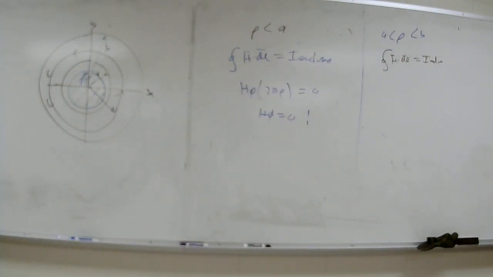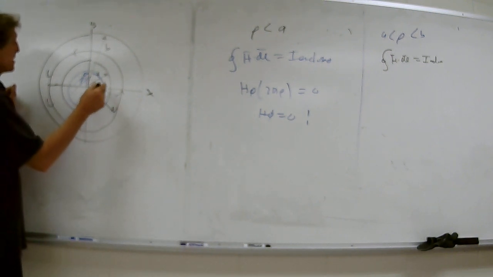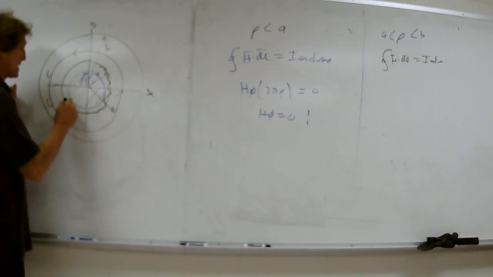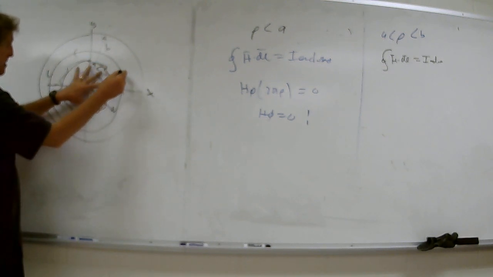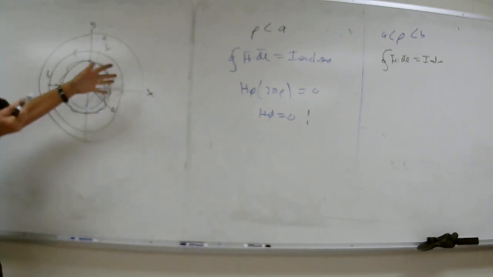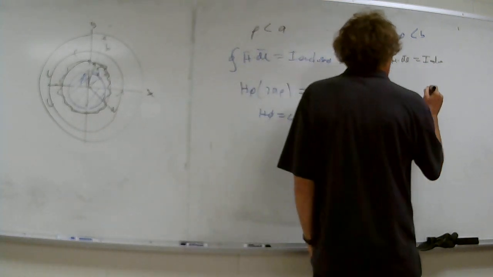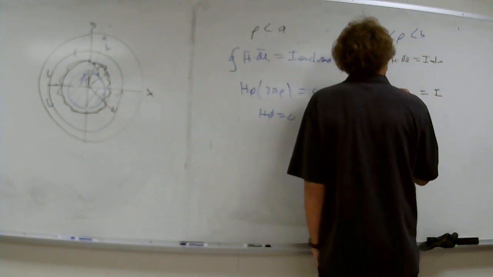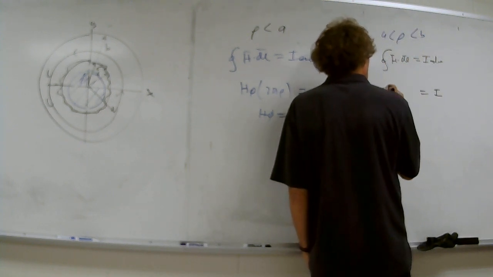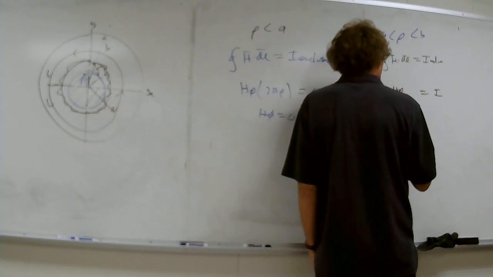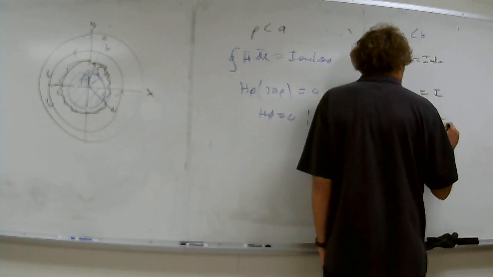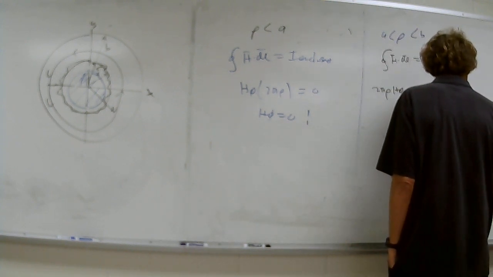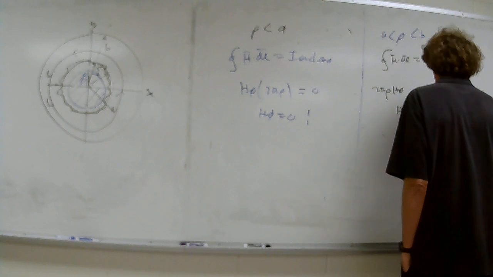Now, I'm somewhere greater than A, less than B. How much current is actually present? Well, it's all the current on radius A. Follow me, class? So it's just I. That means out here I have I, and here it's going to be 2 pi rho H phi, or H phi is equal to I over 2 pi rho. And this is true for rho greater than the inner, less than the outer.